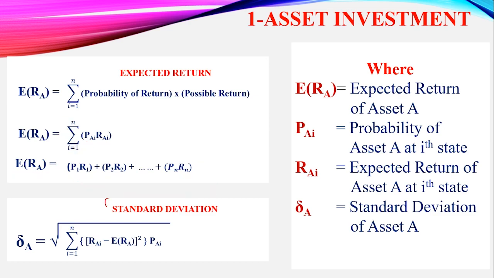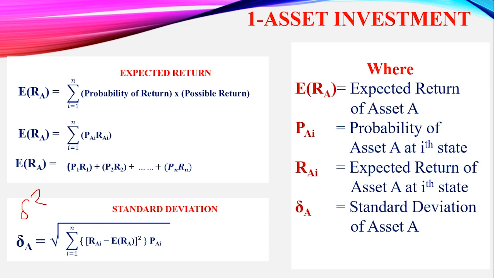Then let's move to standard deviation. How do you get the standard deviation? The standard deviation of asset A is normally represented by sigma. Remember the difference between standard deviation and the variance. Variance is sigma squared.